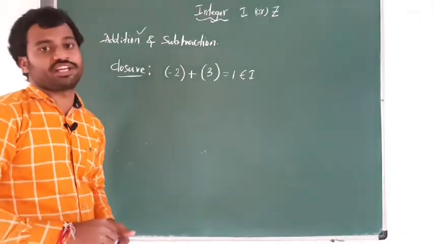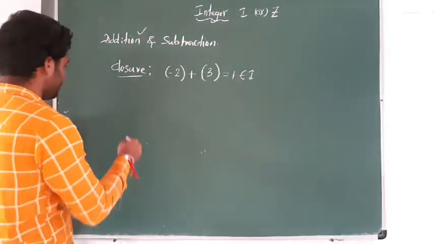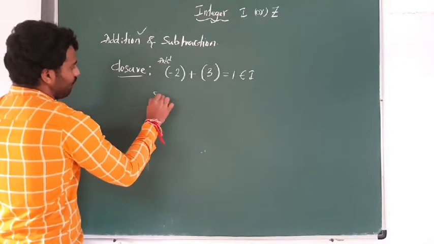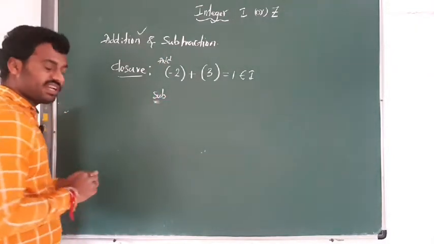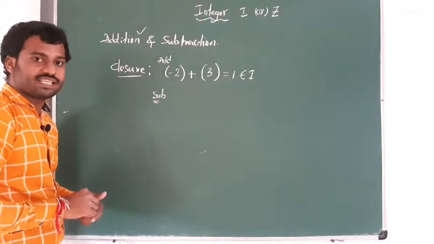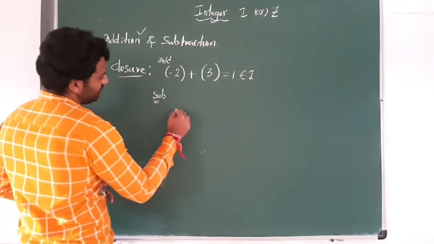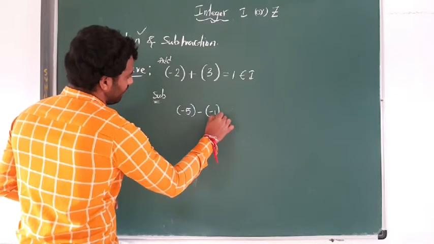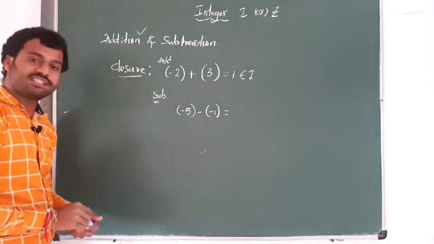What about subtraction? So this was for addition. Now for subtraction. Under subtraction, is the closure property satisfied or not? So what will I take? Minus 5 minus of minus 1. So what is the answer?